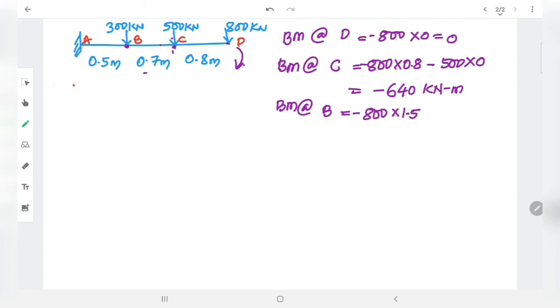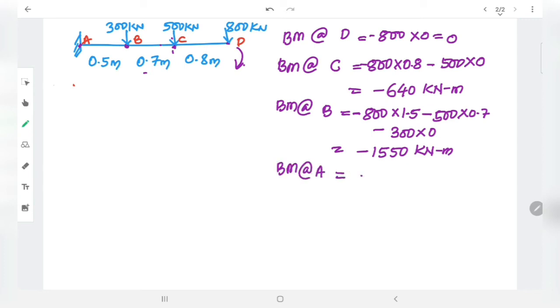Now minus 800 into 1.5 minus, again 500 into, from C to B, 500 into 0.7 minus 300 into 0. So at B, bending moment will be minus 1550 kilonewton meter.